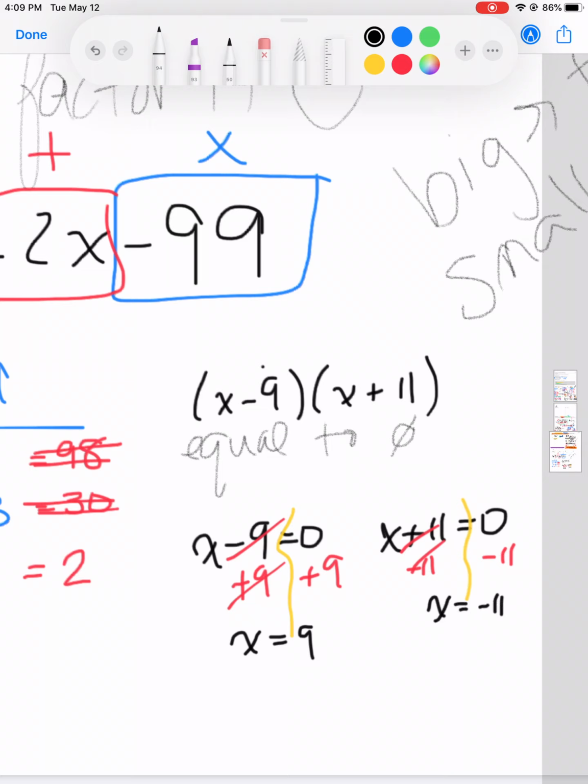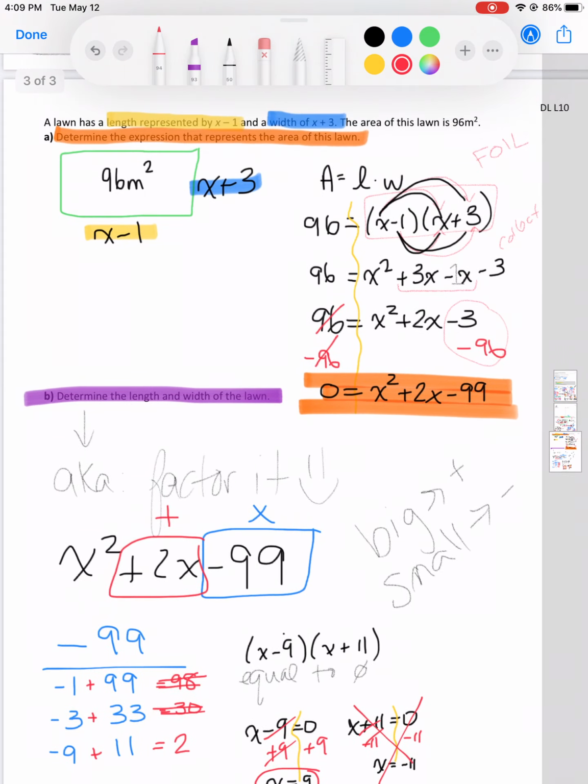So, do we have a width? Now let's just start it off. Which one makes more sense? Could we have a width of 9? Or could we have a width of negative 11? Right. We can't have a width of negative 11. That makes no sense. So, our x is going to equal 9.